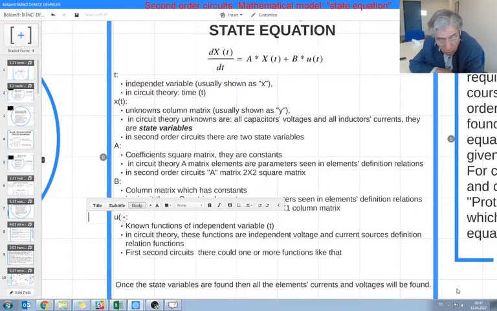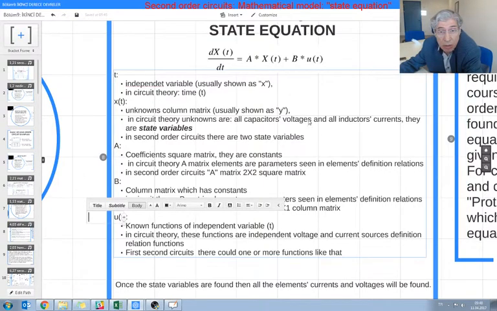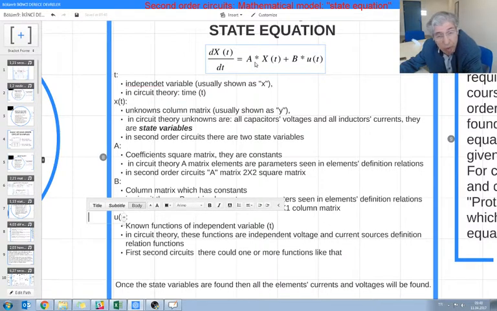If it were a first order differential equation, the capital A became a small a. You remember that? That small a was a constant if the circuit is a first order circuit. In here it is a matrix, that's why we show it as a capital letter A. A is a matrix.